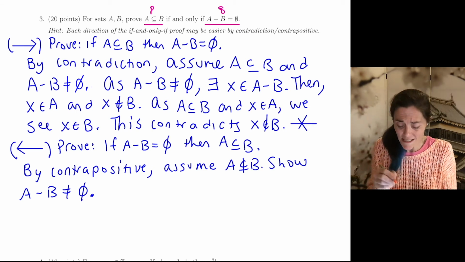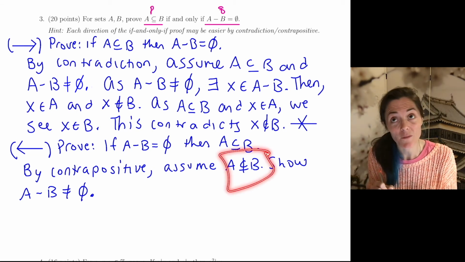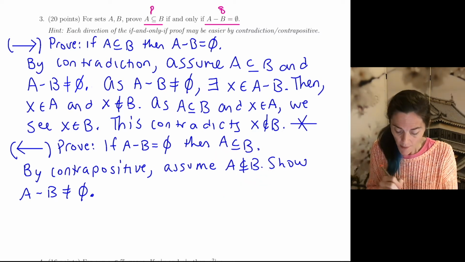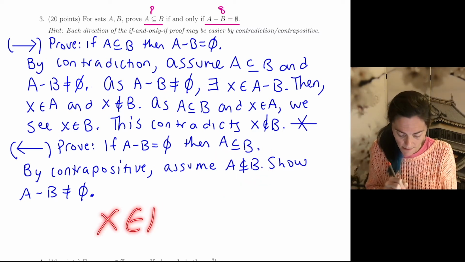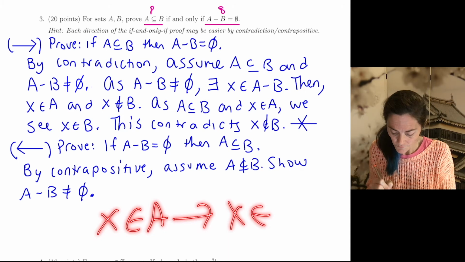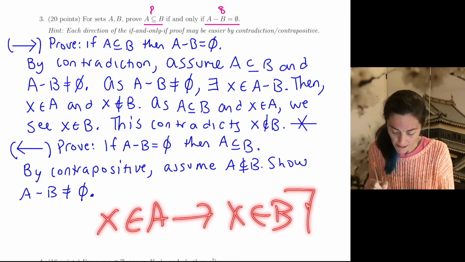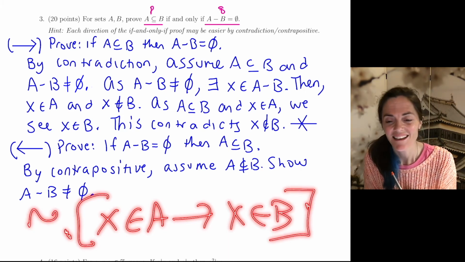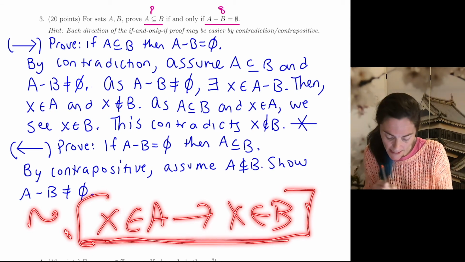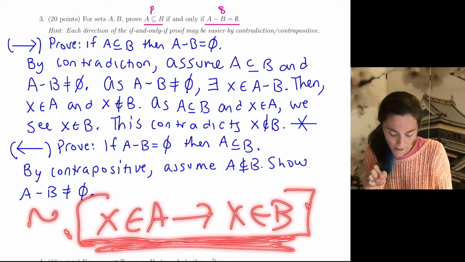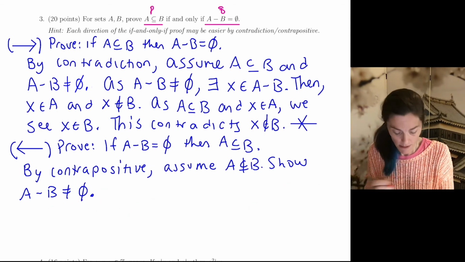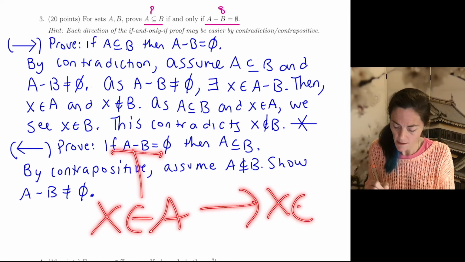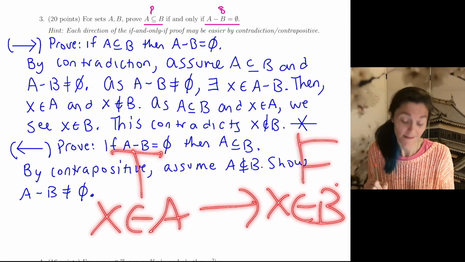Well, what does this mean? A is not a subset of B. It means that this is not true, right? This part here is A is a subset of B. Now, when is an implication false? It would say this would be true and this would be false, right?